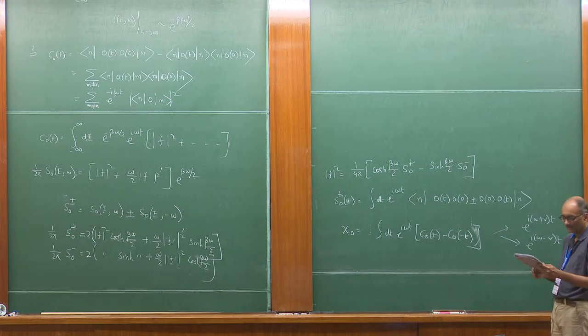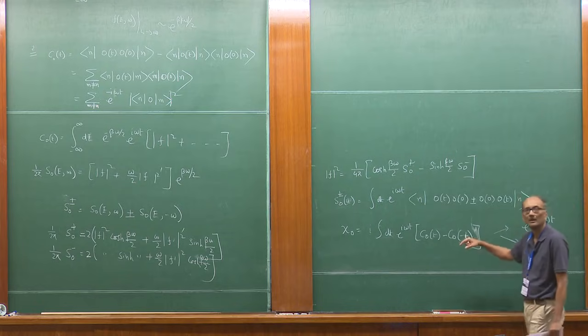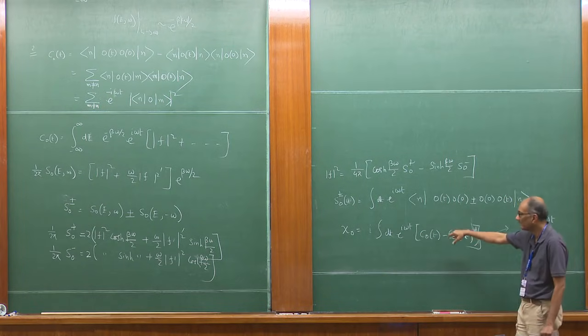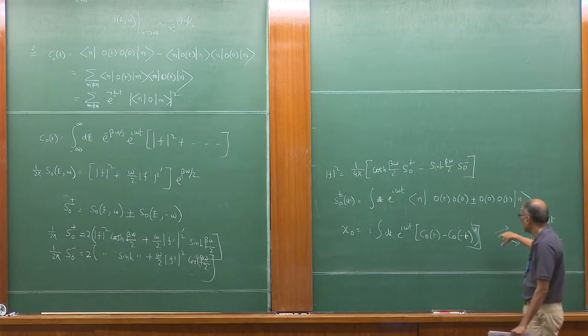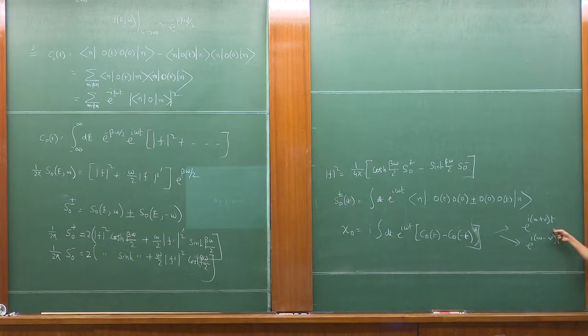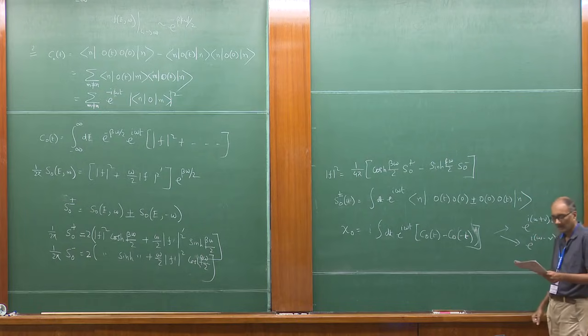So from here, you have to do what you need to do, and I'm not going to do this in details because I don't have time, but the point is that if you take the imaginary part of this, that integral can be done because all you are going to get is a delta function, because this e to the power I omega t, its integral over time will just give you some delta function.